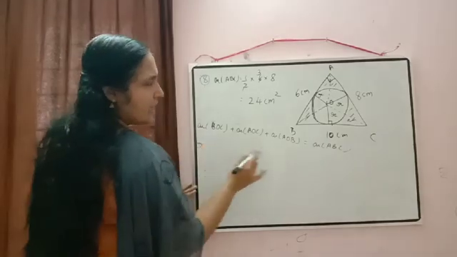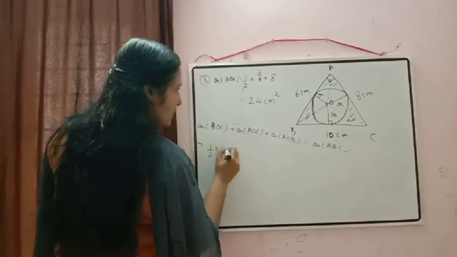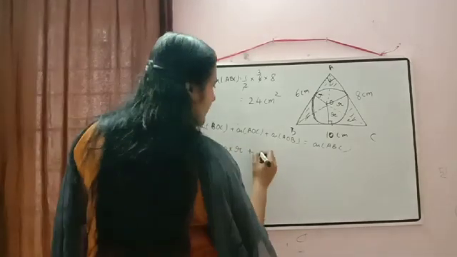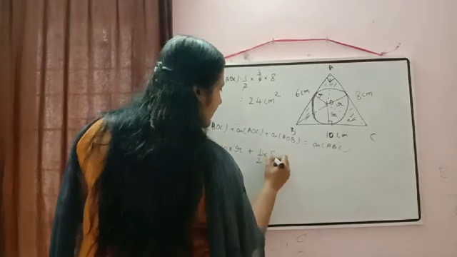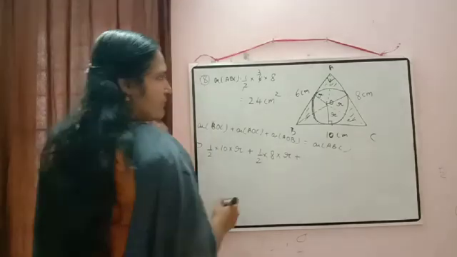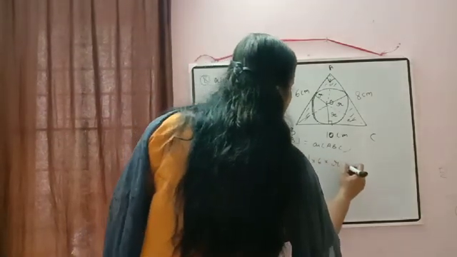What will be the area of triangle BOC? Half into base into height. Height is equal to R, plus area of triangle AOC, half into base, that is 8, into height R, plus area of triangle AOB, half into 6 into R, is equal to how much we got? 24.